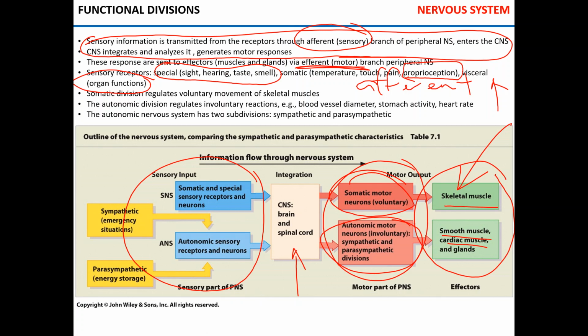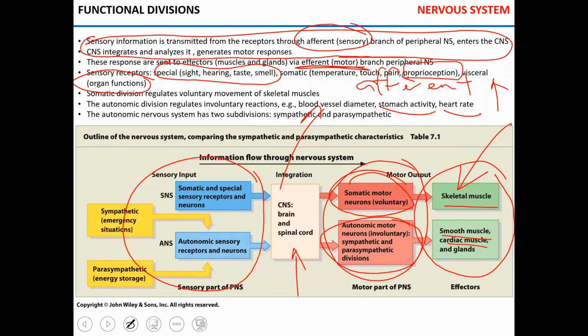The autonomic branch controls body responses via organs, activity of the stomach, heart rate, diameters of blood vessels. The effectors for the autonomic branch can be smooth muscles or cardiac muscles or various glands, from tear glands, lacrimal glands, to salivary glands, you name it basically.